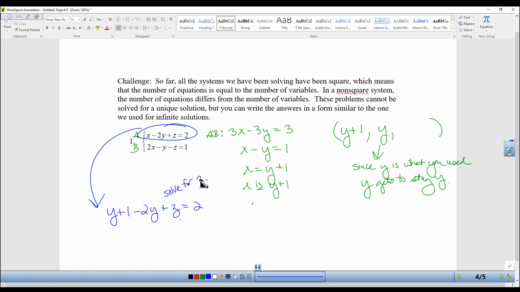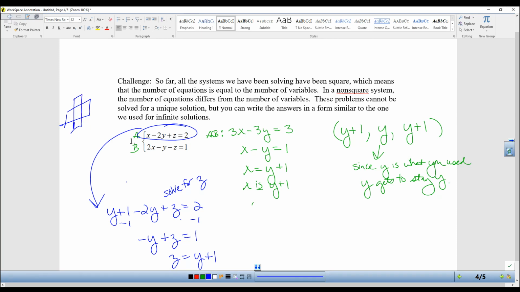Solve for z. So I'm going to subtract 1 from both sides, and I'm going to combine those. So negative y plus z is equal to 1. Z is equal to y plus 1. So z is also y plus 1. What that means is that this plane and the other plane intersect, but not everywhere.